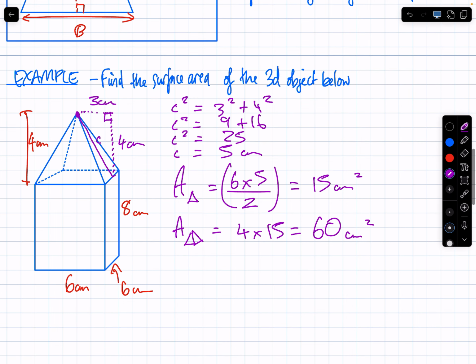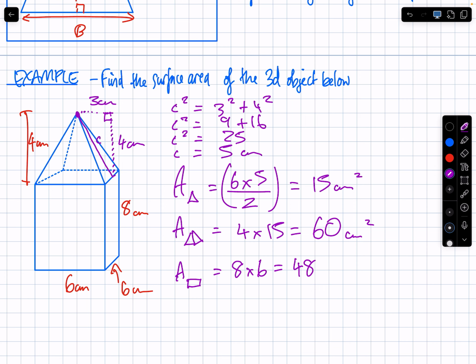If that shape would exist in real life, would there be an area to consider underneath that pyramid? Is that sort of exposed? No, that doesn't exist. I'm going to ignore that. What shapes am I going to consider now if I'm going from the top down? Rectangles. How many rectangles? Area of rectangle is equal to length times width. So it's going to be 8 times by 6. What's that? Is that 48?